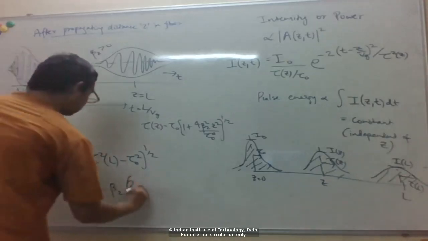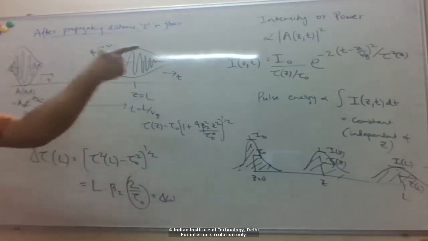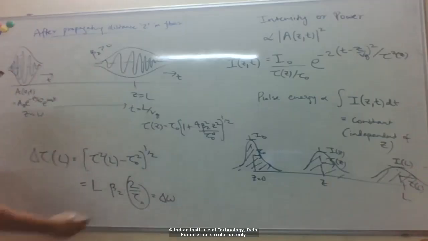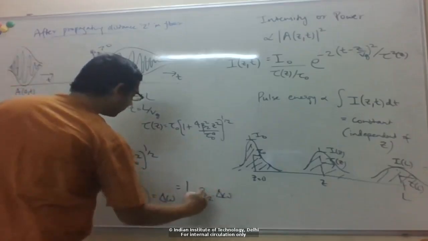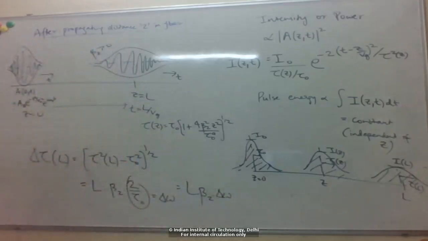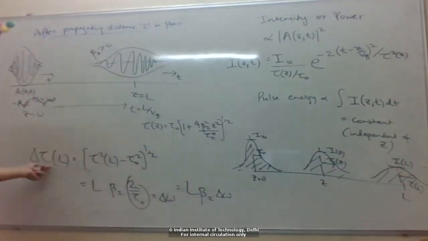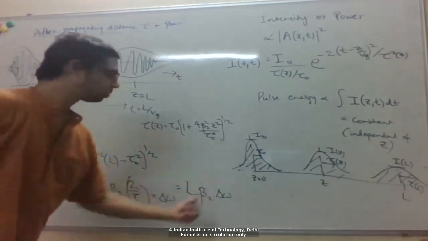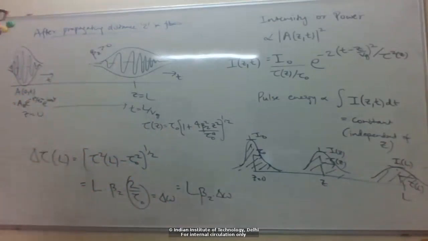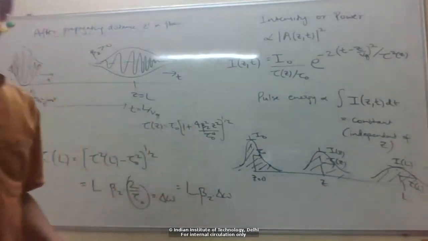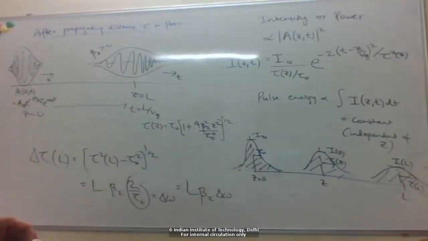If we define 2 over tau naught as the bandwidth, which we already saw in the beginning from the Fourier transform, then this is just L times beta 2 times delta omega, which is what we initially expected from the definition of the broadening. So it's consistent if we take the bandwidth to be the Fourier transform bandwidth of the pulse.